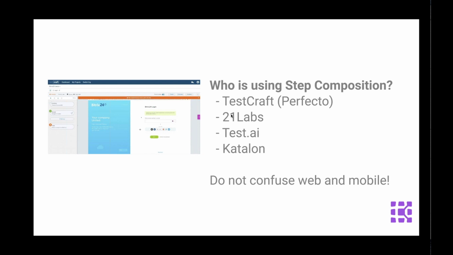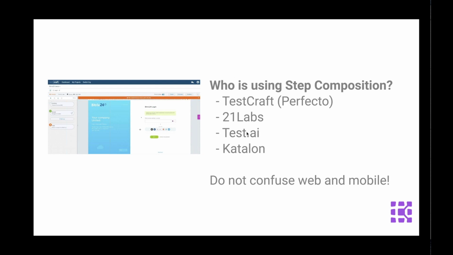Test.ai is also a step composition solution, as is Catalan. Kobiton is a Catalan partner, and if you want to take the step composition approach, when you perform on real devices within Catalan, those are actually hosted by Kobiton.